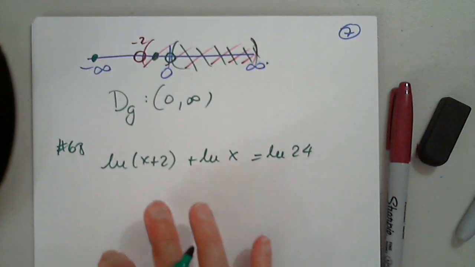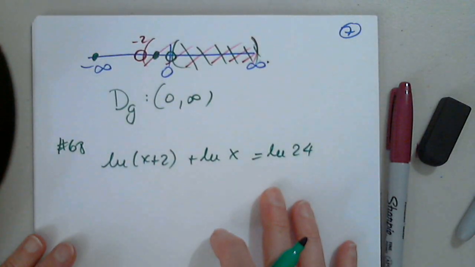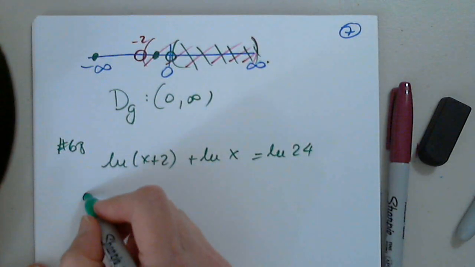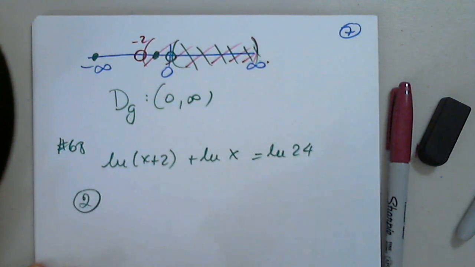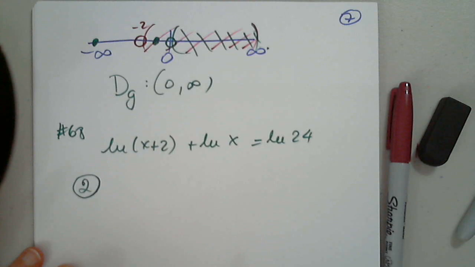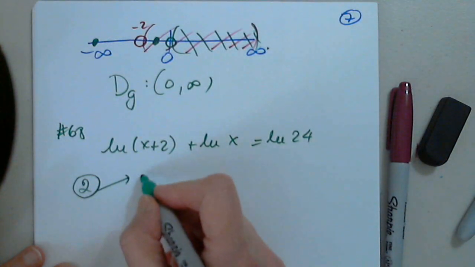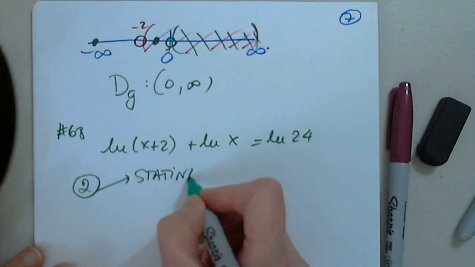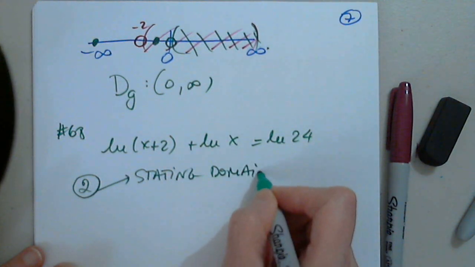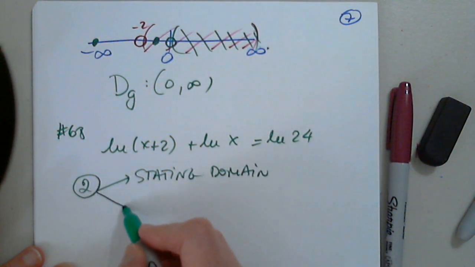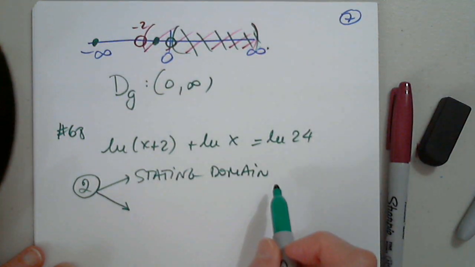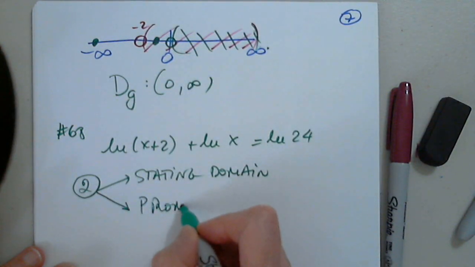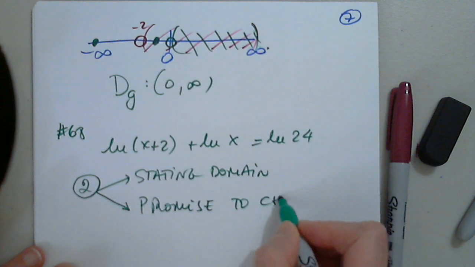Now, whenever we solve logarithmic equations, we have two methods that we can choose to use. You don't have to stick with one of them. You can change from one problem to the other. But I prefer stating domain. You may say, for me, it's too much work, but I promise to check.